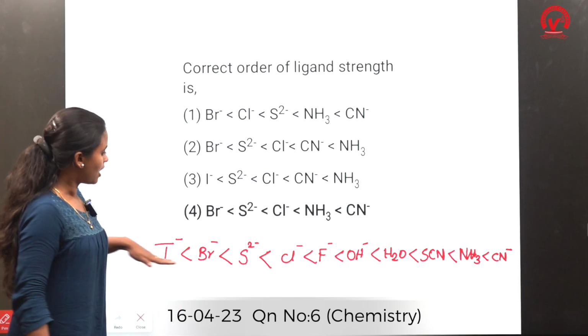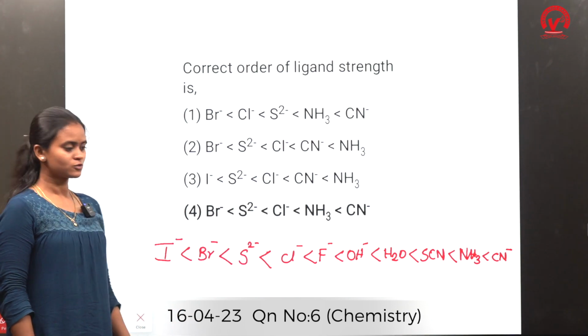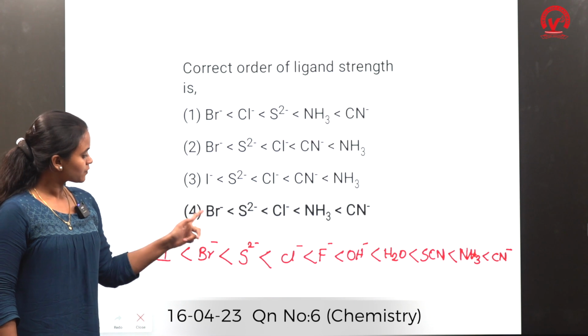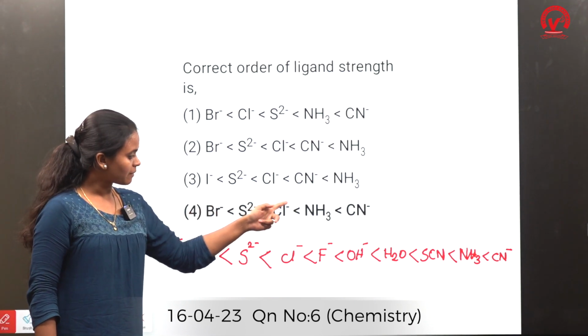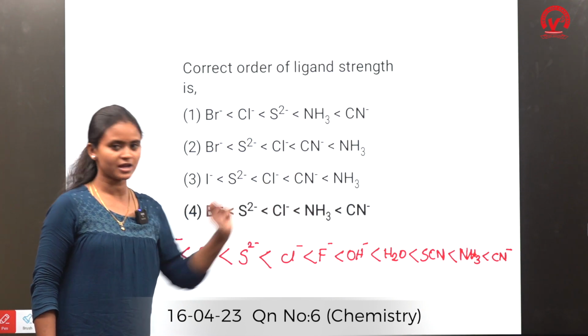This is the order of ligand strength. So the answer is 4: Br minus, S 2 minus, Cl minus, NH3 and CN minus.